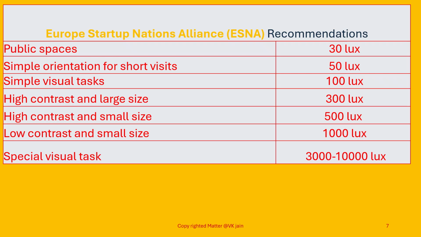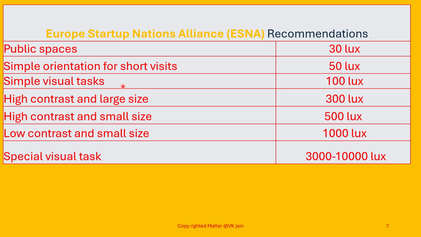There is another agency, at international level, which is known as ESNA, Europe Startup Nations Alliance, and they have given their recommendations about illumination level or illuminance. As per them, public spaces should have 30 lux. Simple orientation for short visit 50 lux.